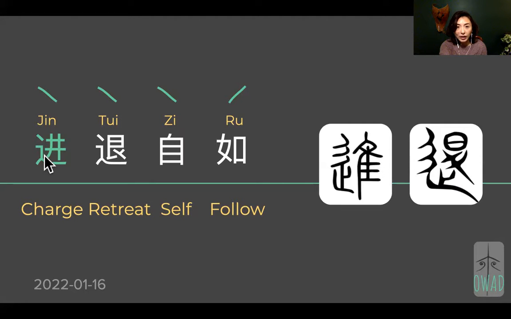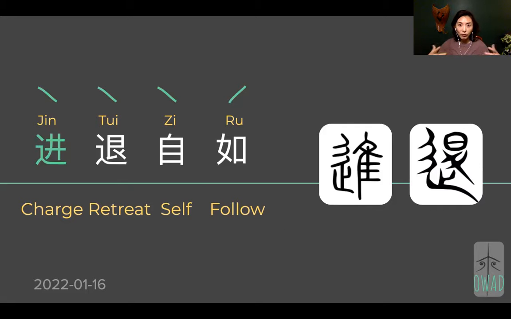And today I'm going to express 进 with its antonym, which is 退. Actually, there is another antonym, which is 出. Okay, over here we do with 进. 进退自如. So today's expression is kind of good, actually. It means your motion, your movement.